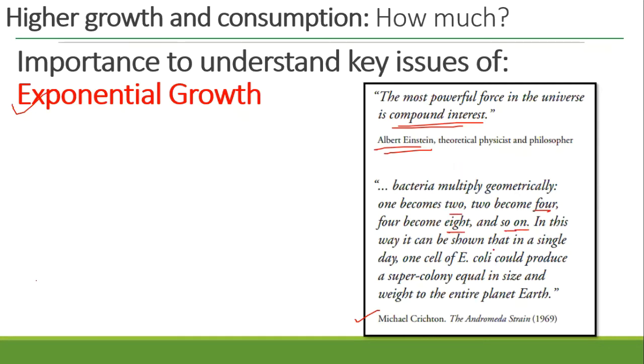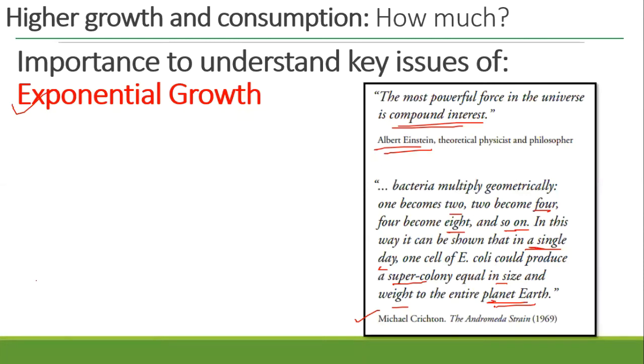In this way, it can be shown that in a single day, one cell of E. coli could produce a super colony equal in size and weight to the entire planet Earth. Correct? So these are two quotes that are talking about this continuous growth.